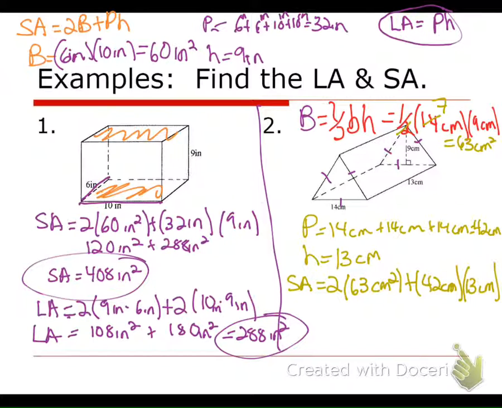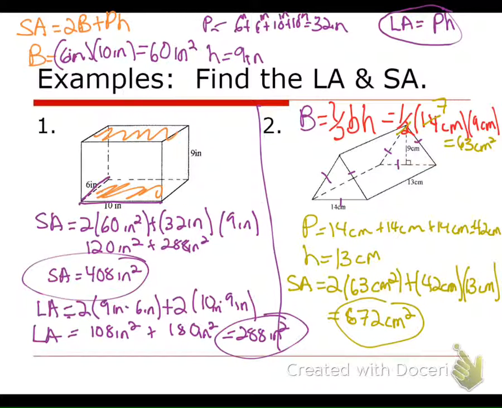So what did P equal? P is your perimeter, and it equals 42. It's the adding of all of those sides of your triangle. So when you put this into your calculator, 672 is your total. Okay, so that is our total surface area.